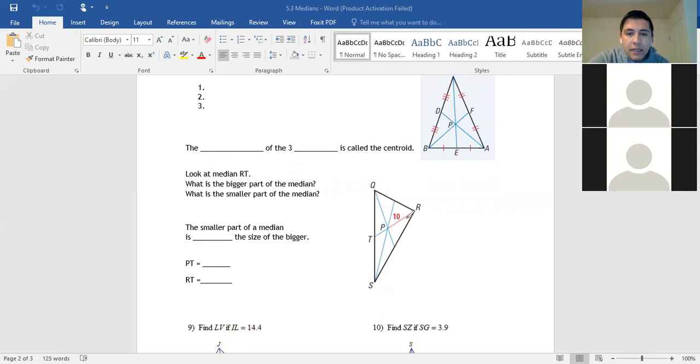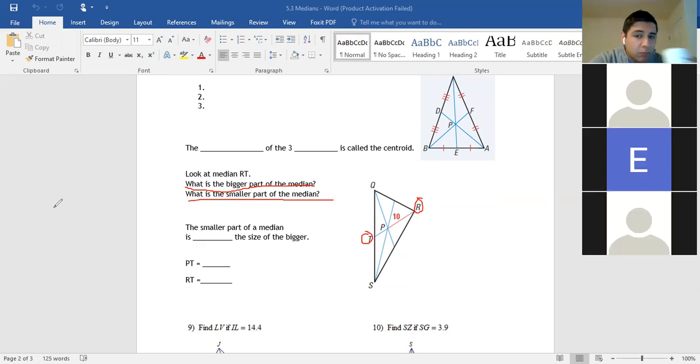So it asks you to look at the median RT. What is a bigger part? What is a smaller part? If I were to name the bigger part of RT, what is it? R is the bigger part, right?